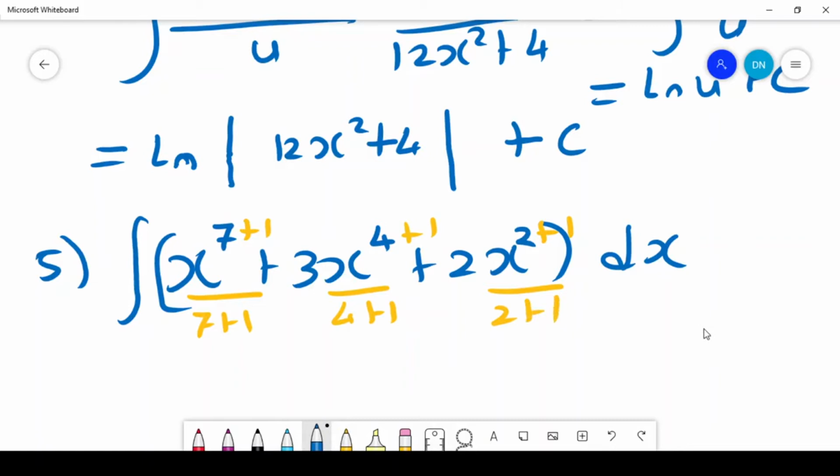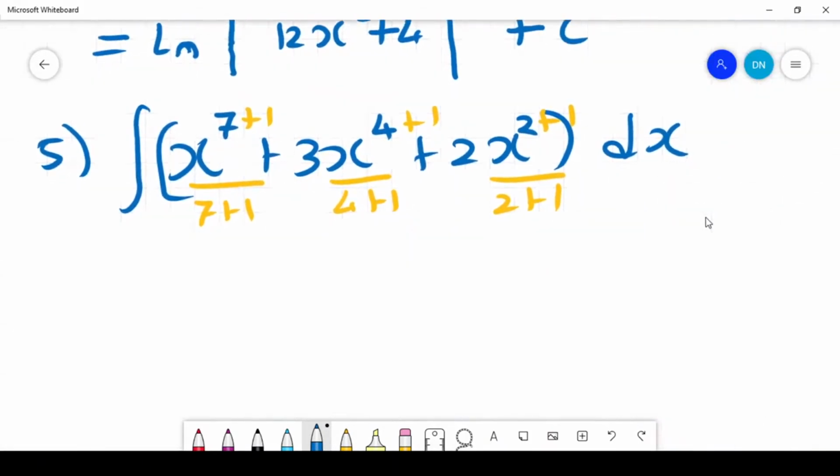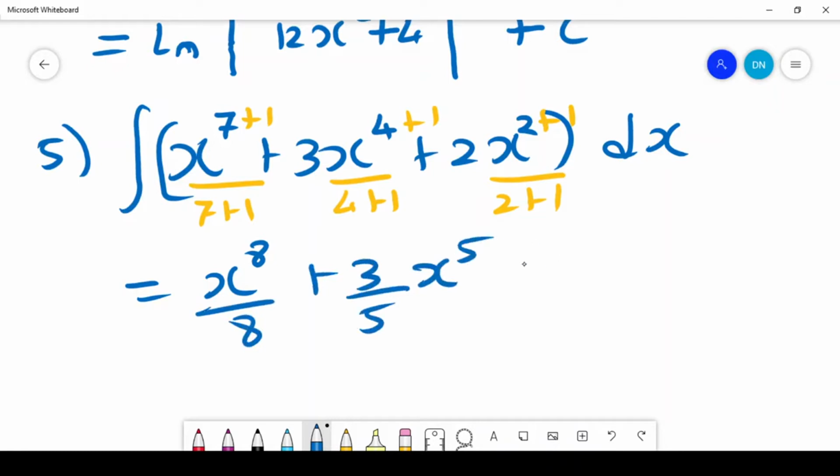That's basically what you do with the change of color that I've done. So this is x raised to the power 8 over 8 plus 3 over 5 x to the power 5 plus 2 over 3 x to the power 3. And because it is an indefinite integral, you introduce a constant into the integration. So that's what you get in that integral.